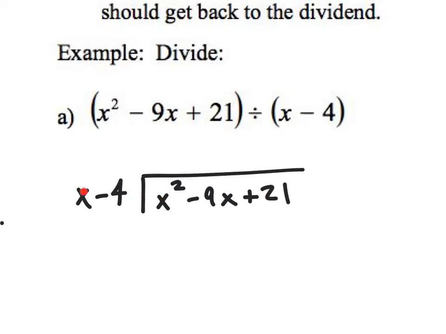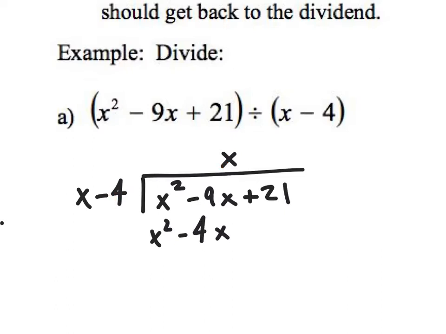What I ask myself is this. x times what is going to give me x squared? And that's going to give me x. Okay? So now I take my first part of the quotient, x, and I multiply it by this entire quantity here. So x times x is going to give me x squared. x times -4 is going to give me minus 4x.